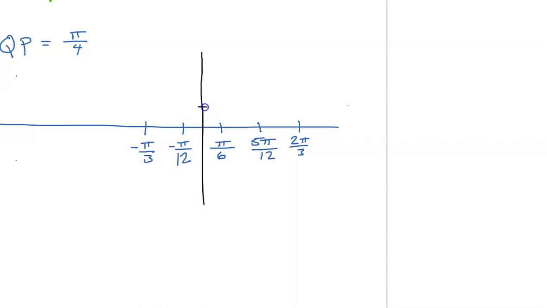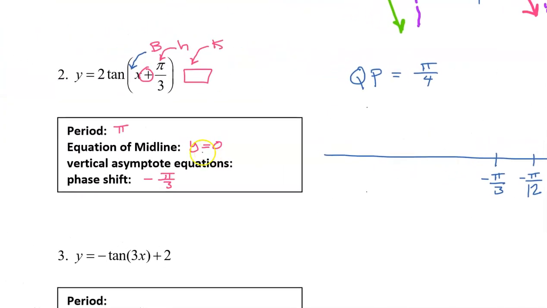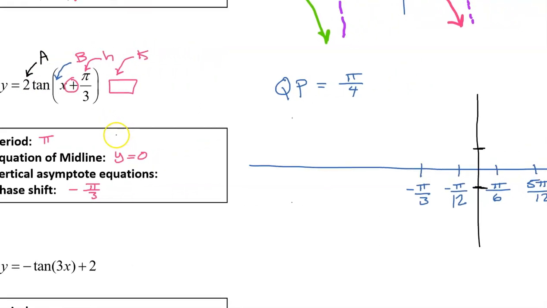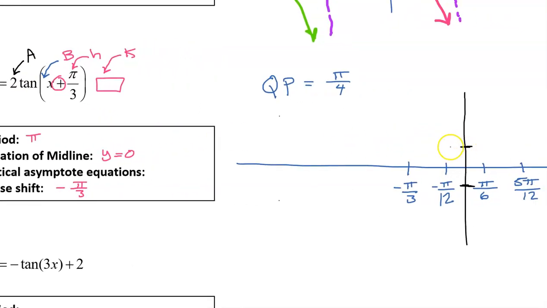And though there's no such thing as amplitude for a tangent function, we still need these two marks, and we need to label them. And this a value, although it is no longer the amplitude, it still is going to be important as we do the graph. So we still need to label this as 2, and it's hard to see, but I'm going to squeeze in a negative 2.